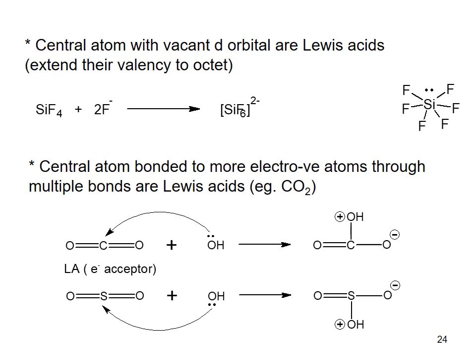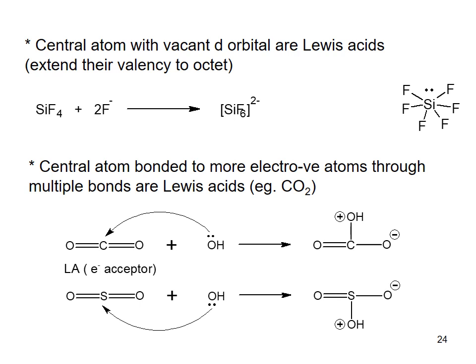Another type of Lewis acid: any central atom bonded to more electronegative atoms through multiple bonds is a Lewis acid. For example, carbon dioxide, because in carbon dioxide the central atom is carbon, which is bonded to 2 oxygens by double bonds.